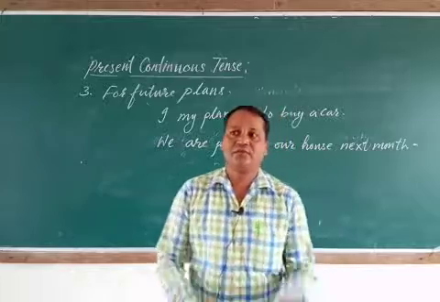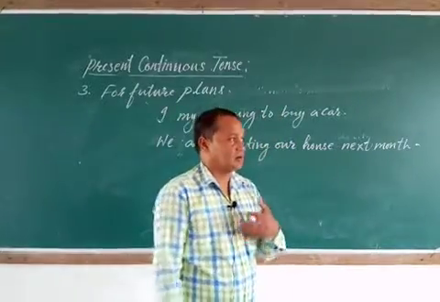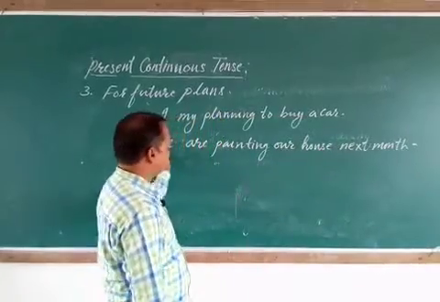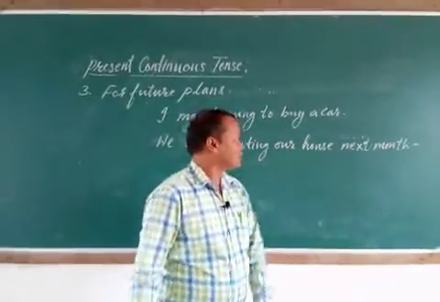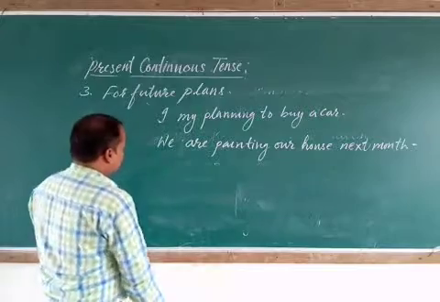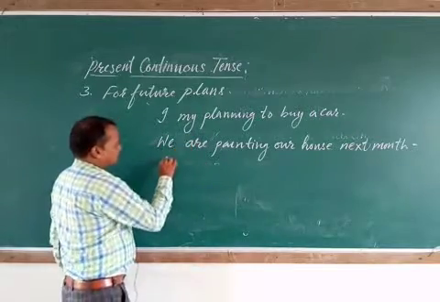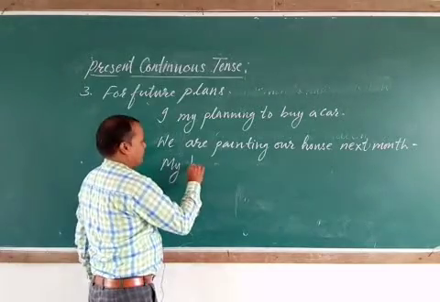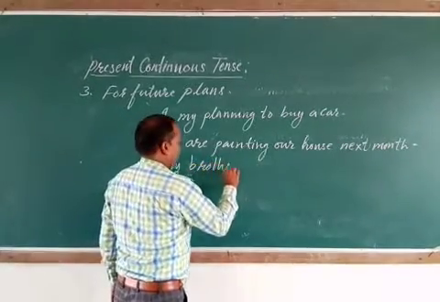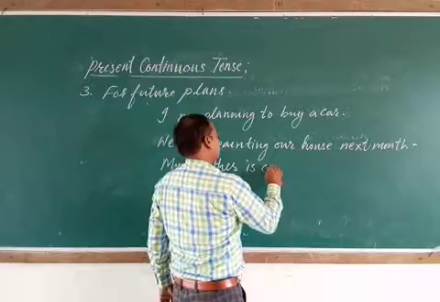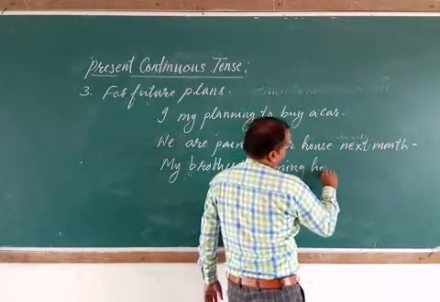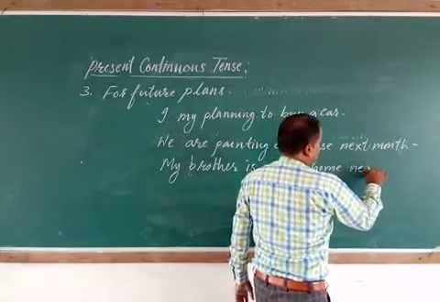So we can say that we are planning to paint our house next month. So we can say we are painting our house next month. One more example I will give you, that my brother is coming home next month.